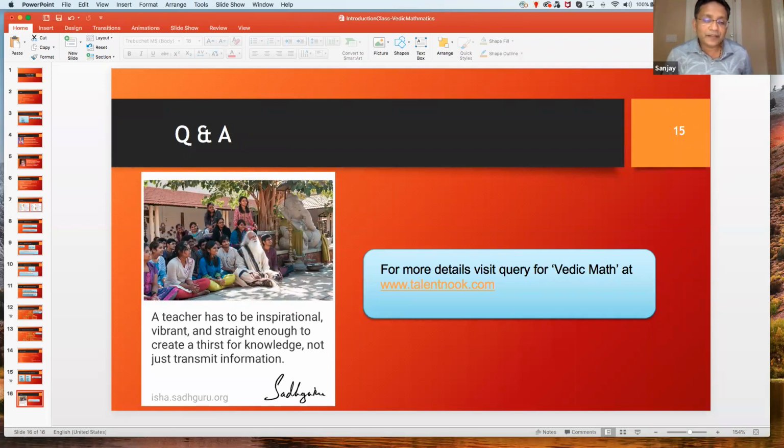One was the beginner till grade 4, and then grades 5, 6, 7, 8 was the second batch. But it really depends on the enrollment, and Talent Nook will make all of those decisions. So typically, class till 4th grade is one batch, and 5th, 6th, 7th, 8th.